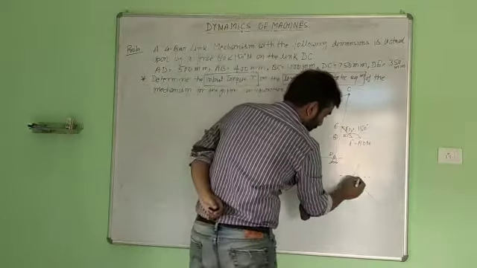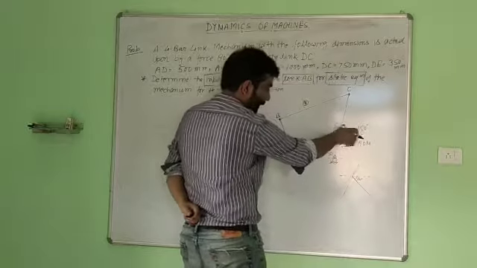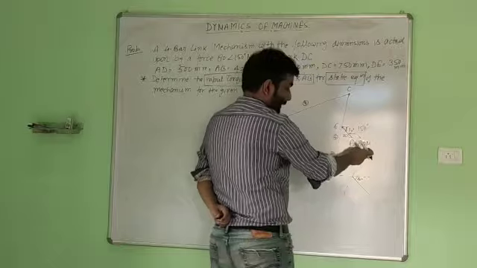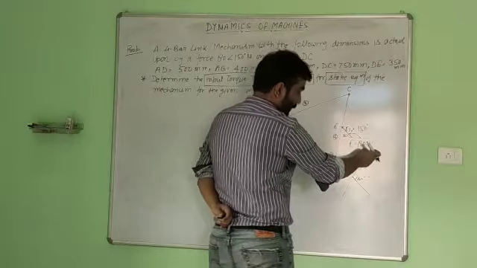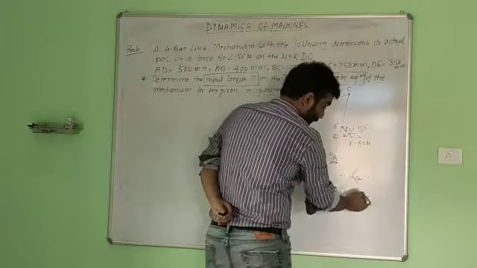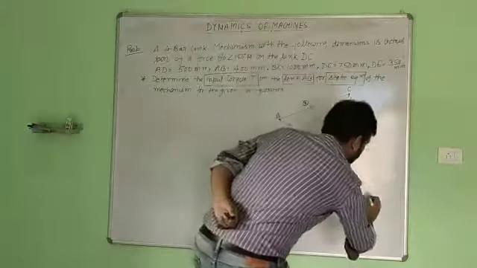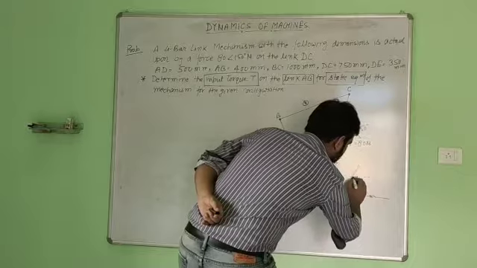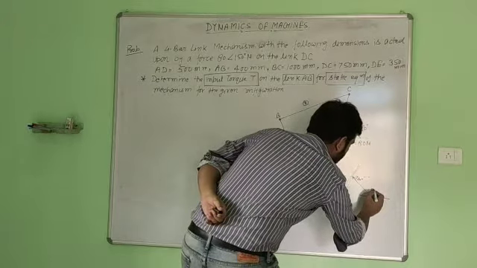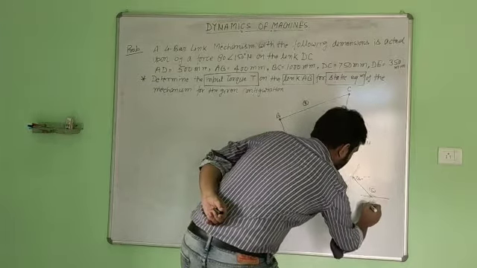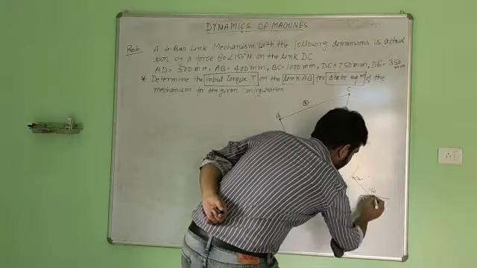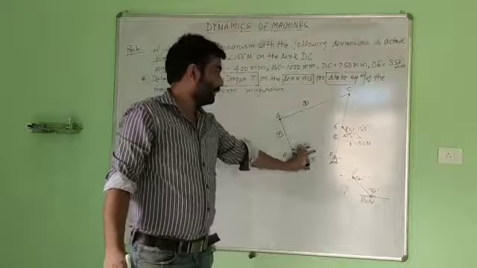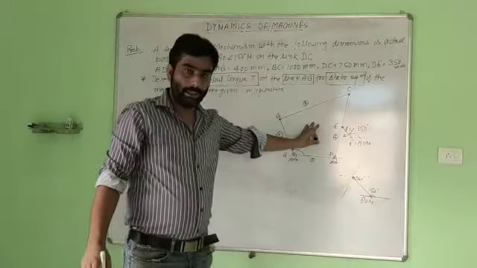Now cut an arc of 80 Newton, just scale down 80 Newton, like 10 Newton is equal to 1 centimeter, so cut an arc of 8 centimeter and draw a horizontal line from this one. We will have a force of 80 Newton at an angle of 150 degree. In this manner we can draw the configuration diagram.